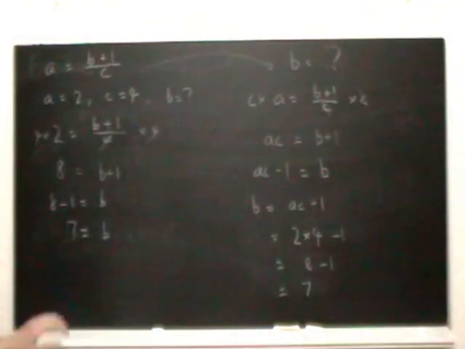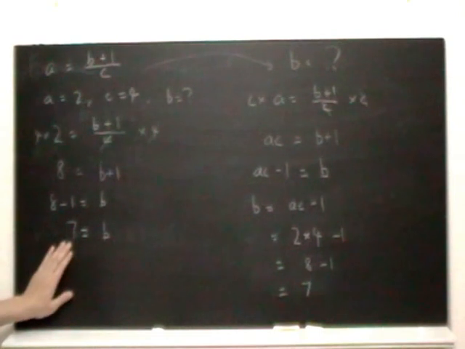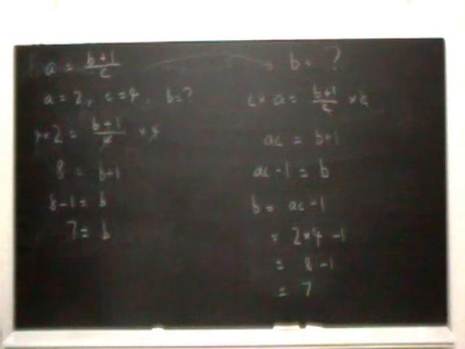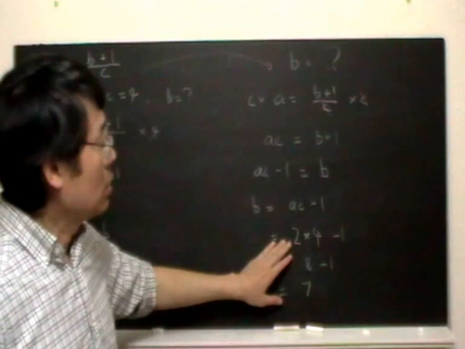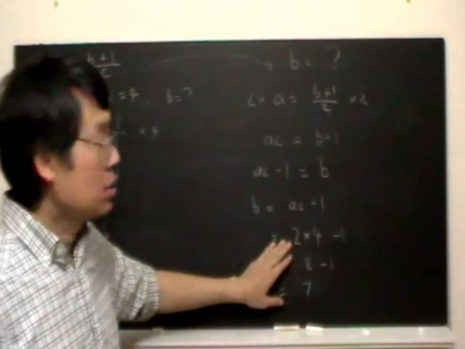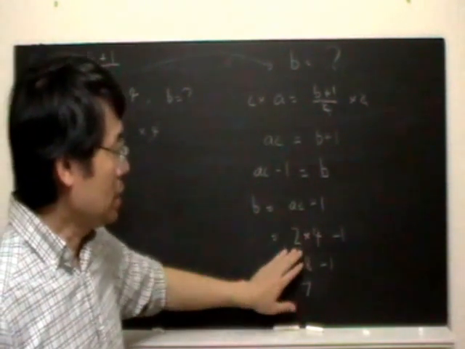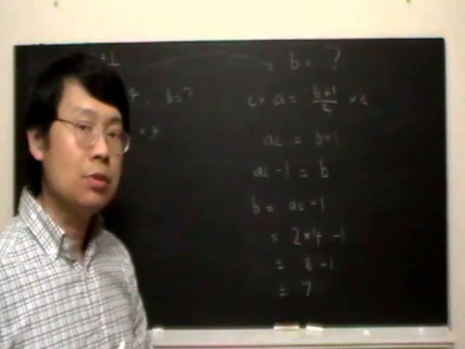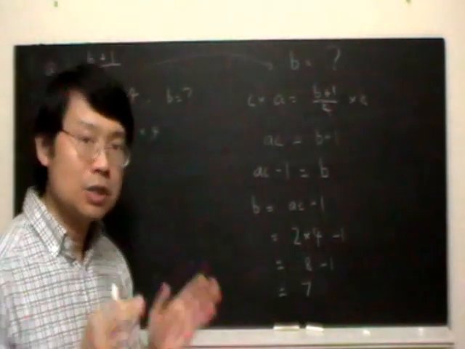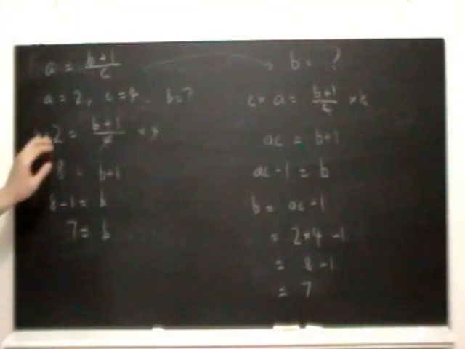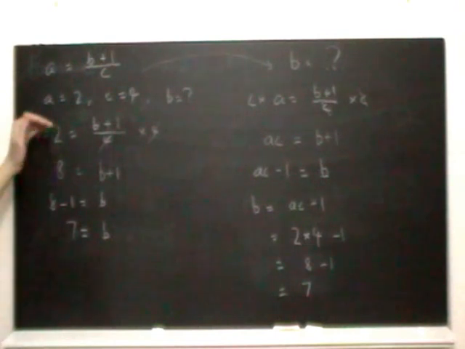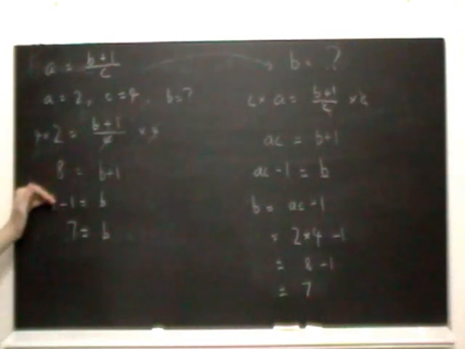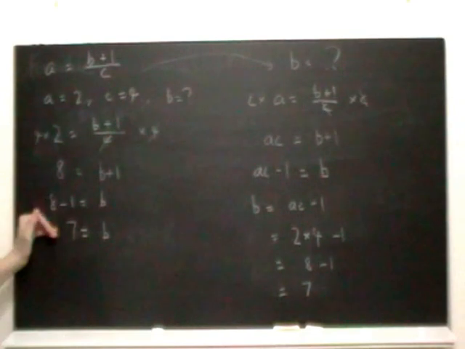Now look at our answer just now. We got 7 just now. So we get the same answer. But in this case, it is easier. All we need is to put the numbers into a and c and calculate these directly, instead of having to put the numbers into the previous formula and then go through the steps of the equations to solve for b.